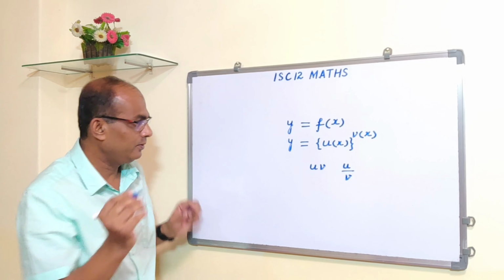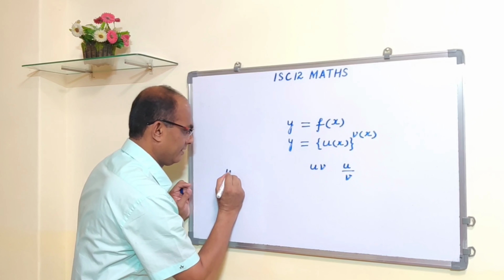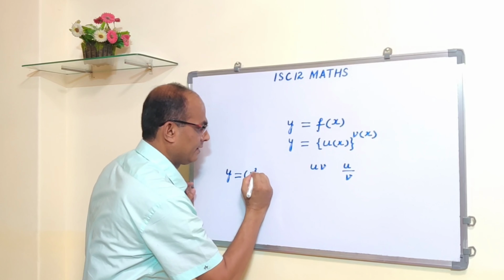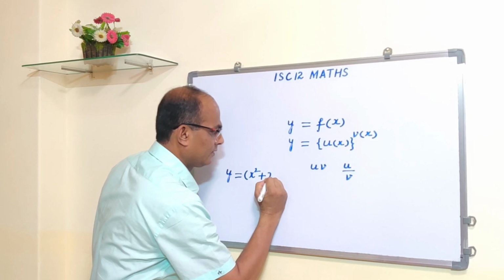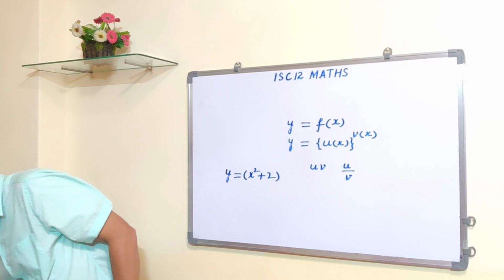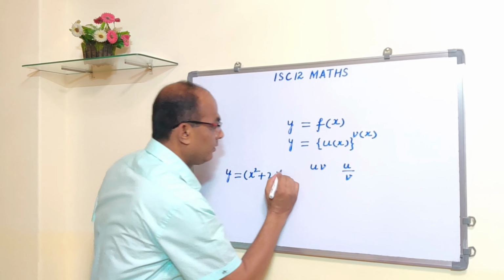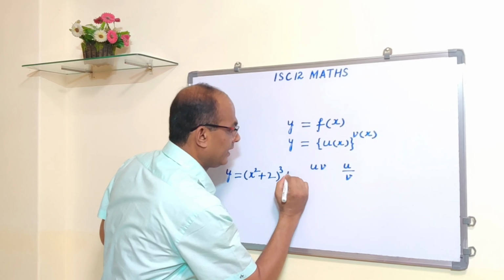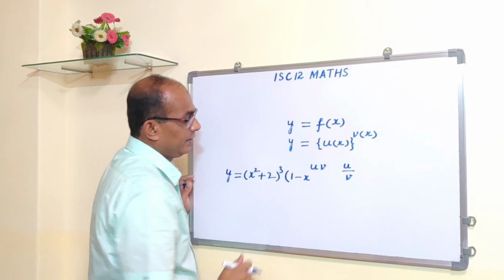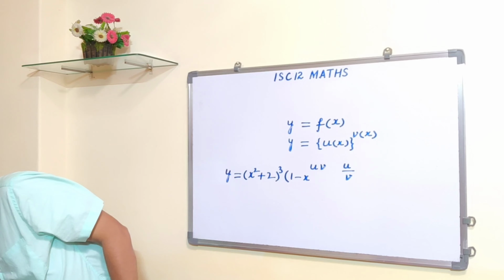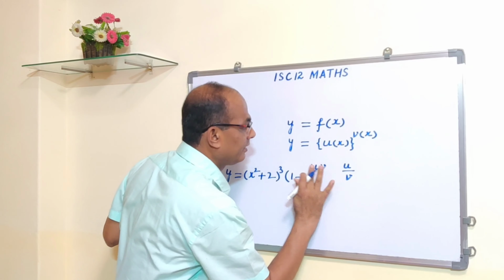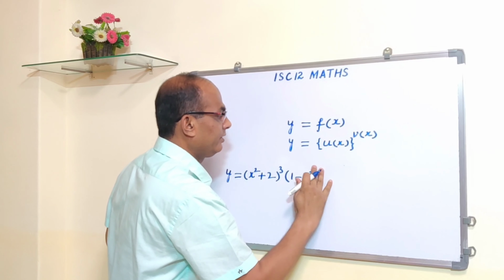Suppose y is equal to (x square plus 2) whole raised to the power 3, and then we have (1 minus x raised to the power 3) whole raised to the power 4.